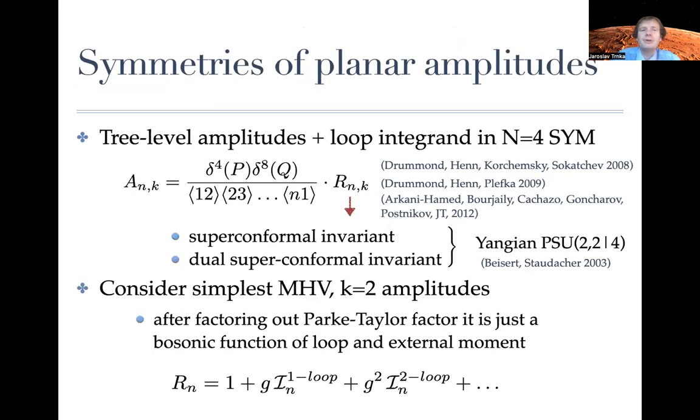Okay, so now, when I said something about this dual conformal symmetry, or the superversion, dual superconformal symmetry, they close together with the ordinary superconformal symmetry into an infinite dimensional Yangian symmetry. Now, the thing which is invariant under this symmetry is the tree-level amplitude and the loop integrand.